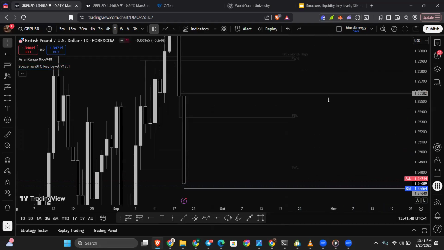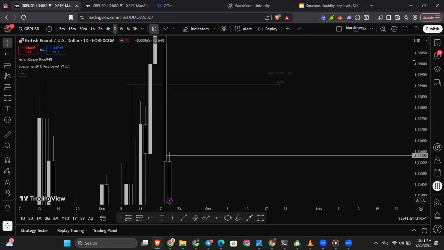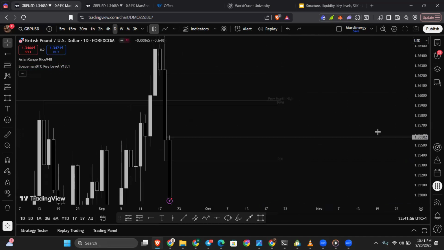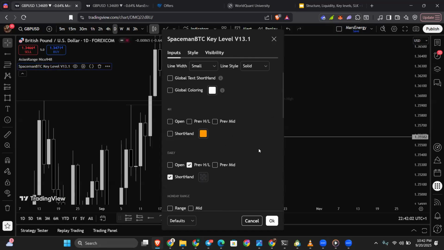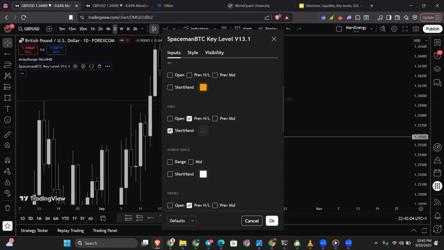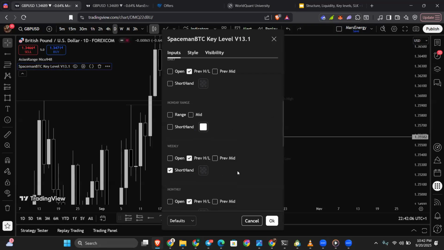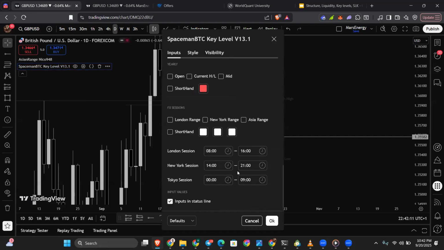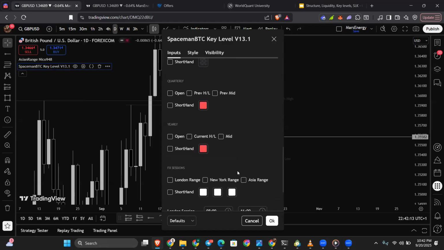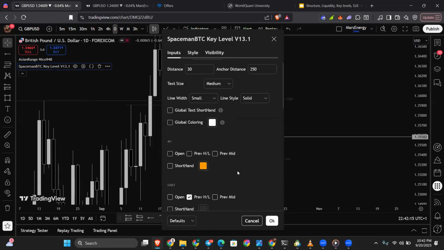But I always want to make sure that I have fewer things on my chart so that I can actually focus on what price is showing me. So I always like to use the shorthand form, but you can customize it to suit what you like, right? So these are my inputs.